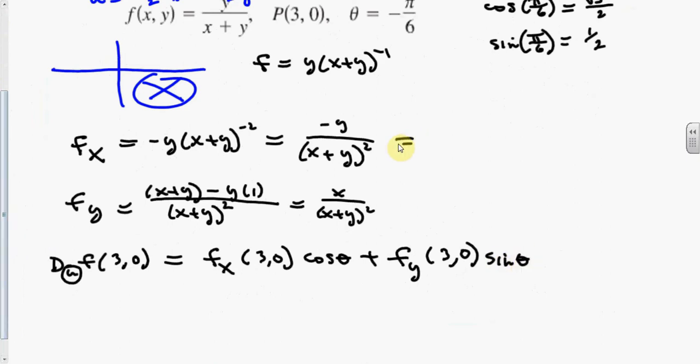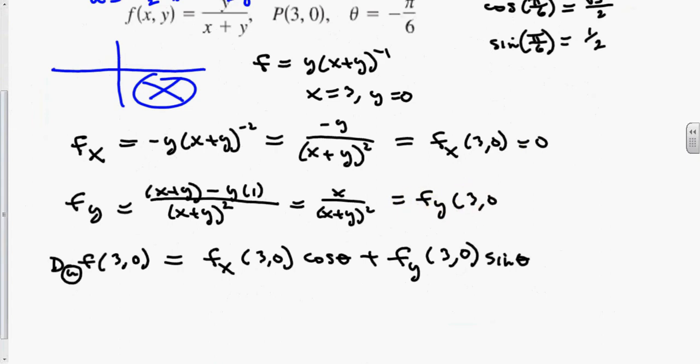So now, if we evaluate here, x is equal to 3, y is equal to 0. Then the partial of f with respect to x at 3, 0 is 0. The partial of f with respect to y at 3, 0, where x is 3, gives 3 over 3 plus 0 squared, so I get 1/3.